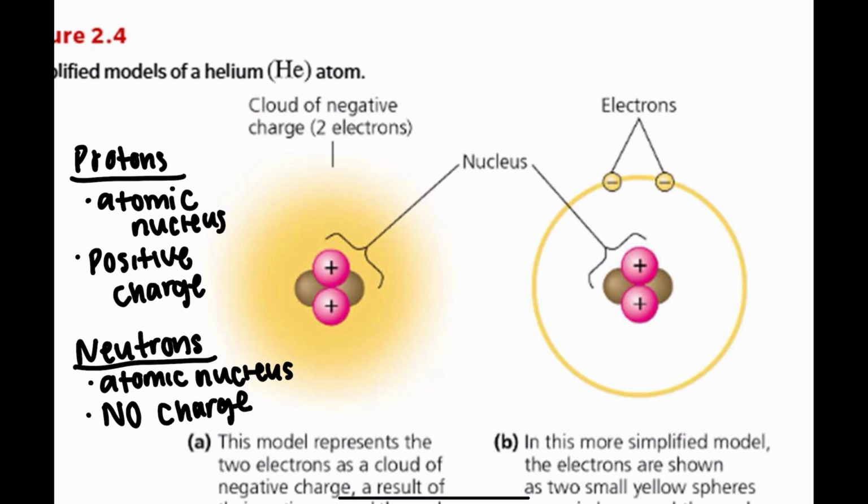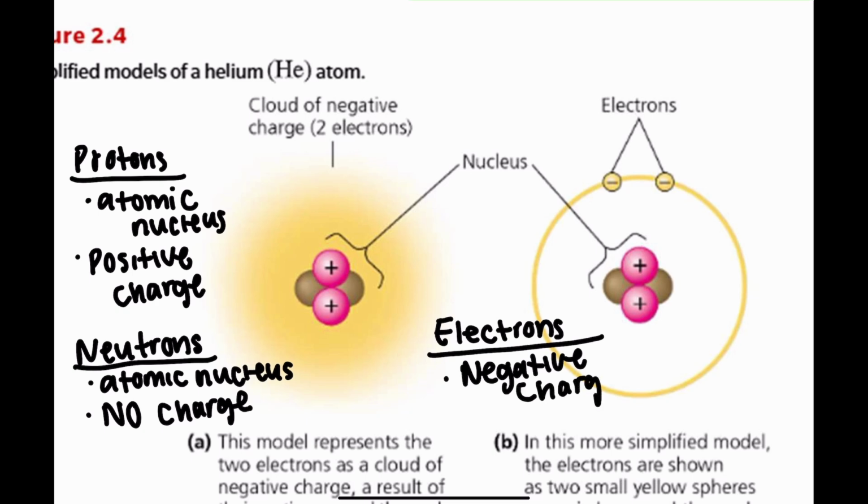But there is one more subatomic particle that makes up an atom, which makes up an element. And that particle is called an electron. And electrons have a negative charge. They are always going to be negatively charged.